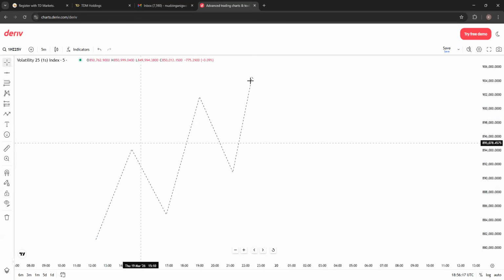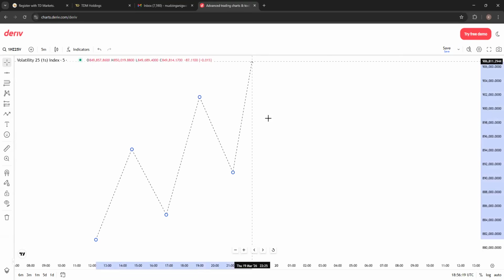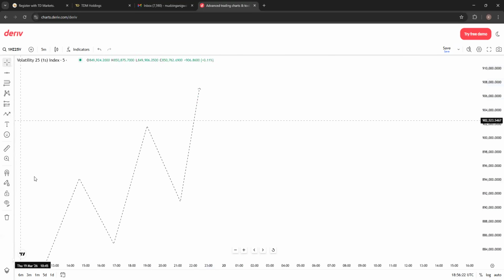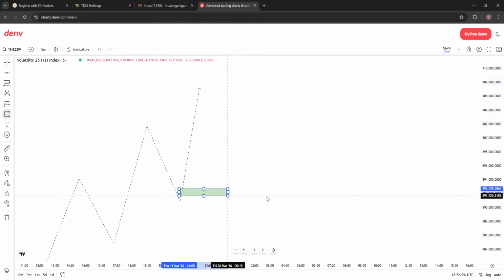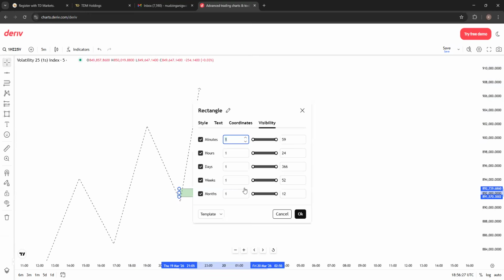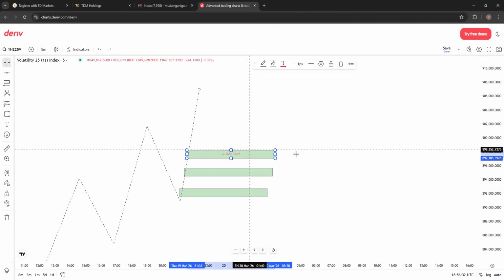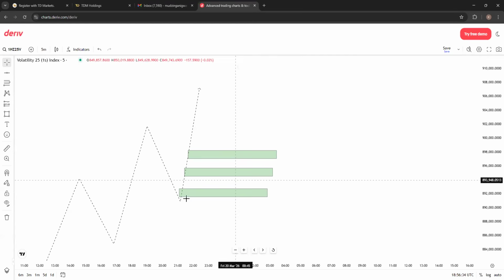If we are in an uptrend, what I'm looking for is, I don't mind if I have an order block here or here or here, right? What I mind is what did this OB contribute to my price movement?